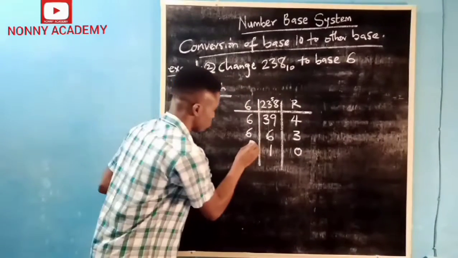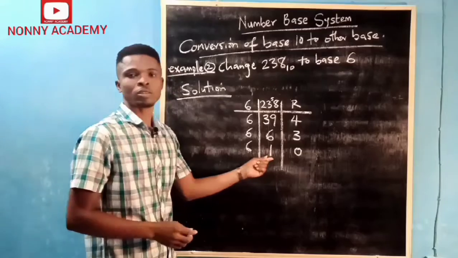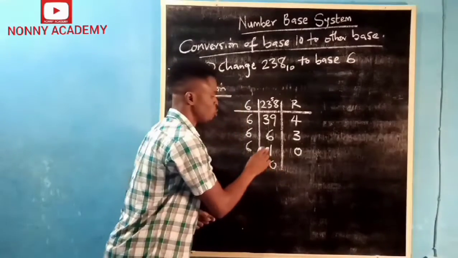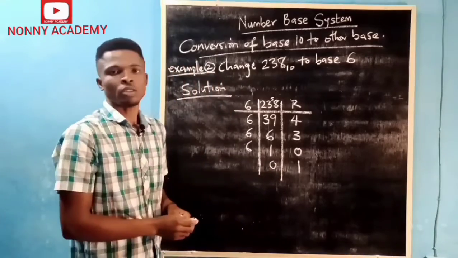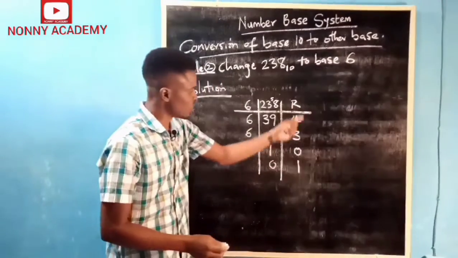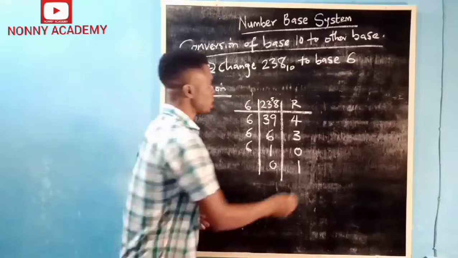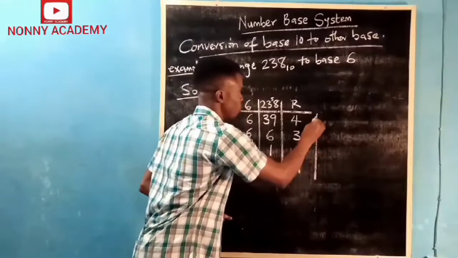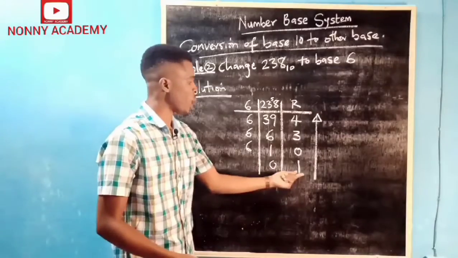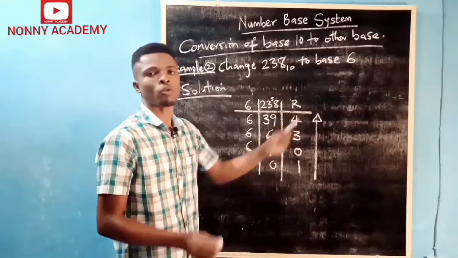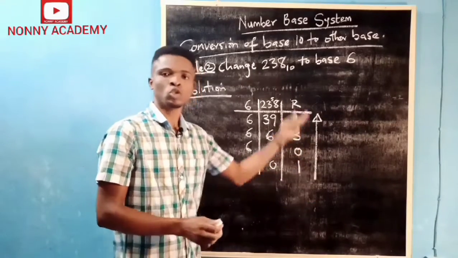And lastly, 6 in 1 will give me 0, and I will bring this 1 down. Now, these are the remainders. I will take my answer from the bottom to the top. Now, my answer will be 1034. That is my answer from the bottom to the top.